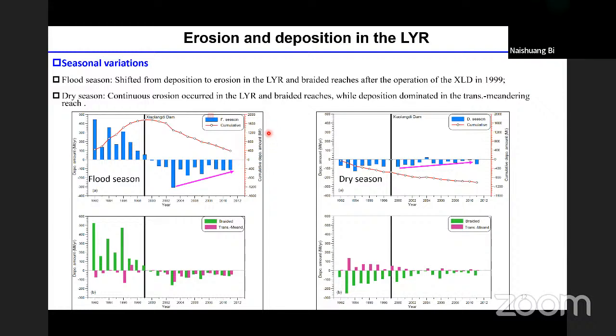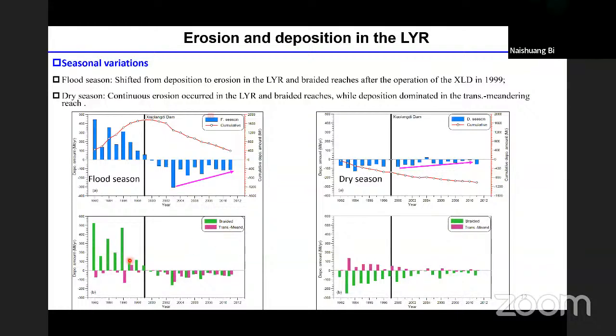On the seasonal scales, the temporal variation in flood season is similar to the interannual variations we showed earlier. But you should note that the erosion and deposition in flood season has decreased in recent years. The braided reaches and the transitional reaches are quite different.